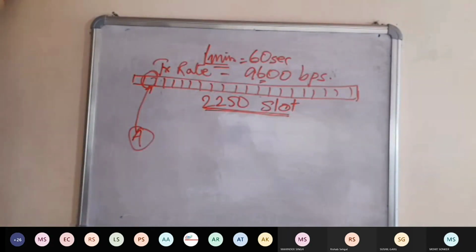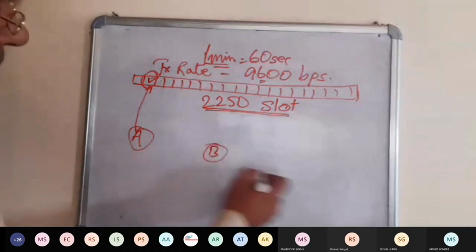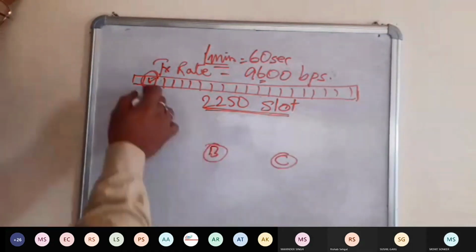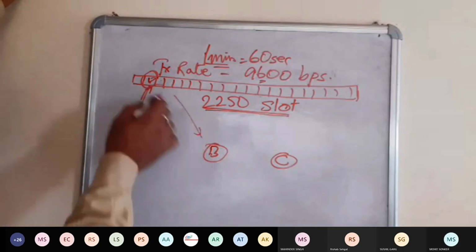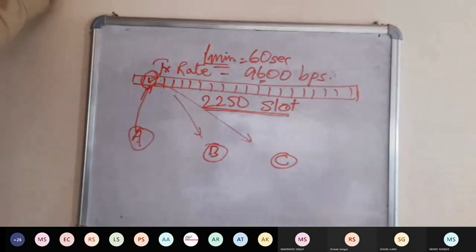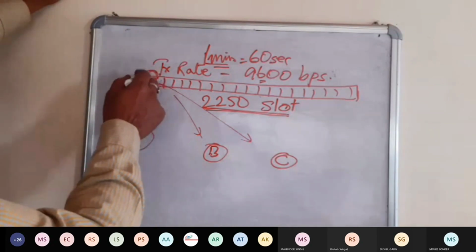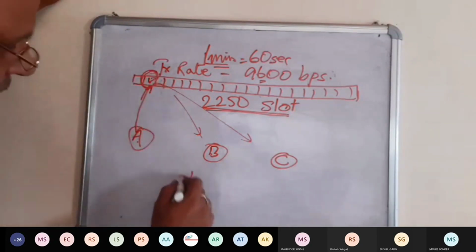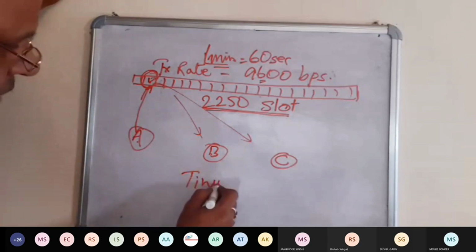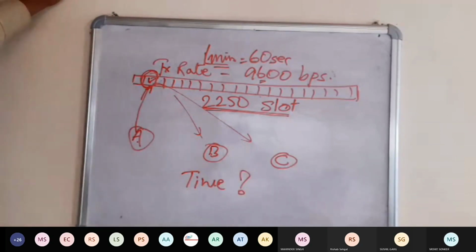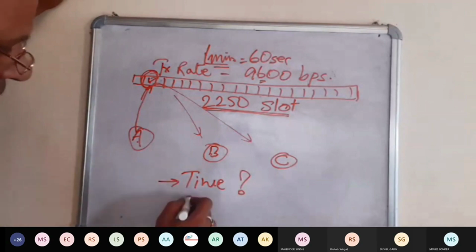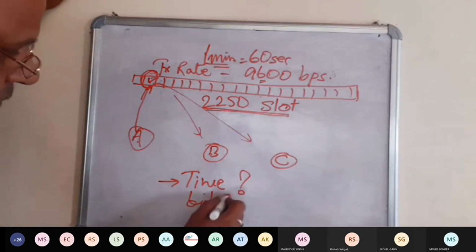When the ship A is transmitting using one slot, then ship B and ship C is going to receive this information. जो इन्होंने ट्रांसमिट किया इस टाइम पे ये इन दोनों को मिल गया. यहाँ पे एक चीज हमें समझने की जरूरत है कि वन टाइम स्लॉट कितने देर का है. वो वन टाइम स्लॉट is how much time, and in that time how many bits will be transmitted.